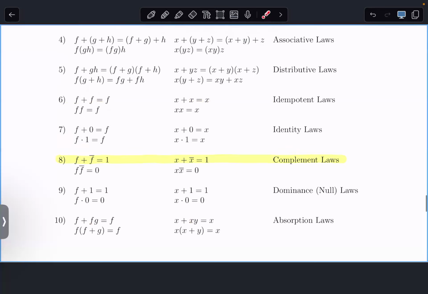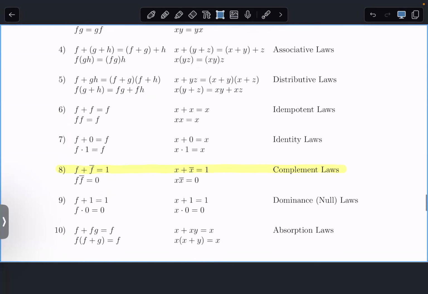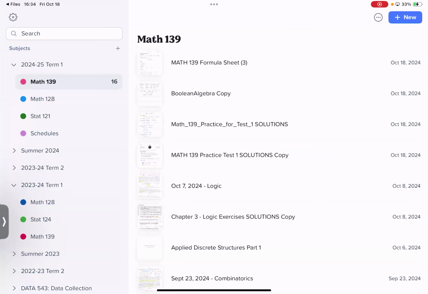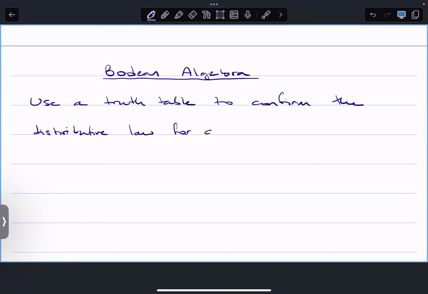But we can do things like use a truth table to show that the distributive law for addition, let's say, is true. Nice. So use a truth table to confirm the distributive law for addition.